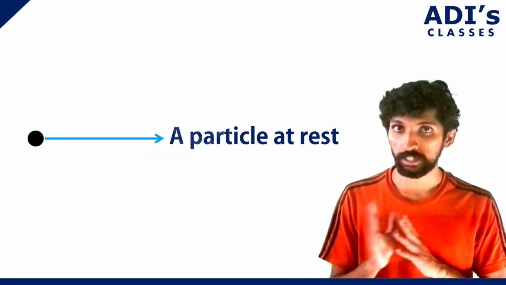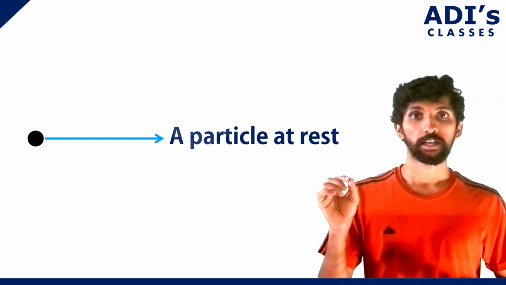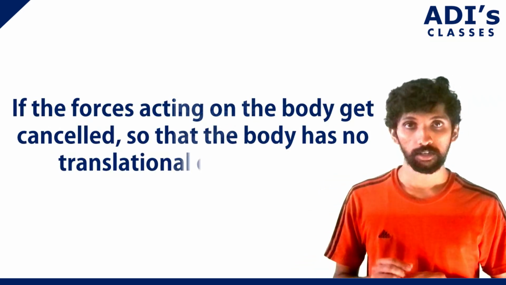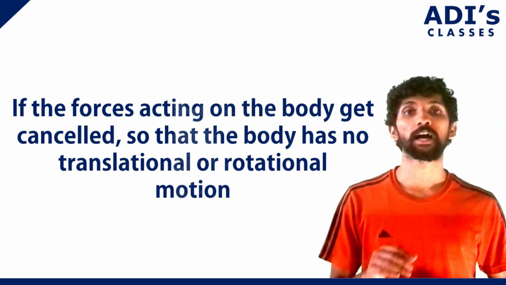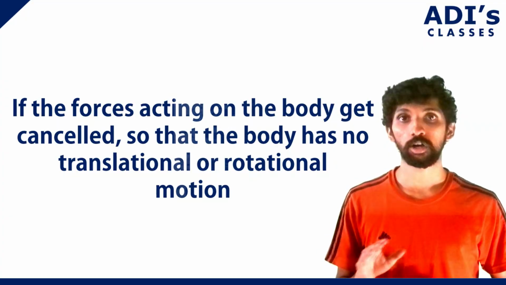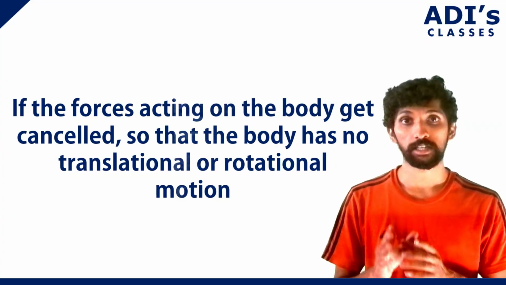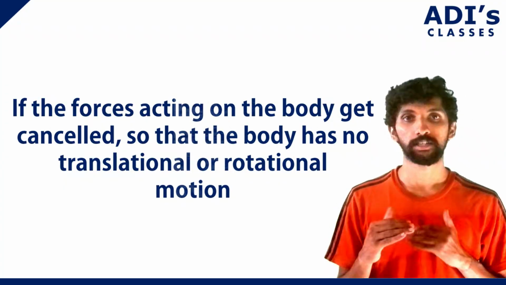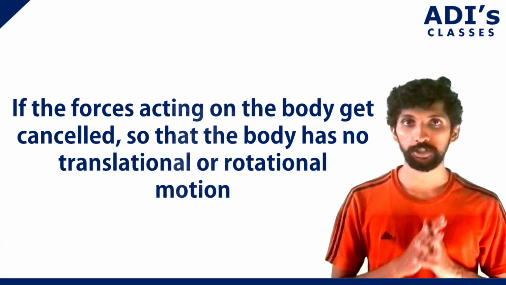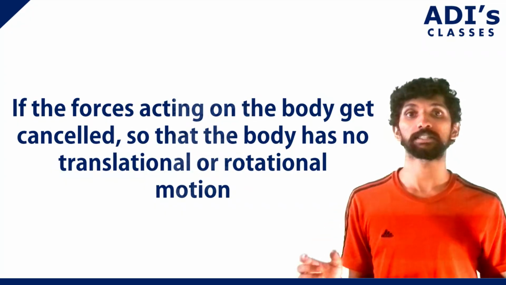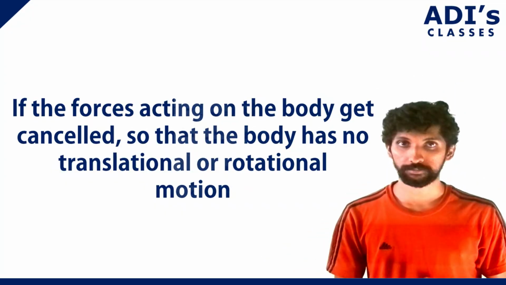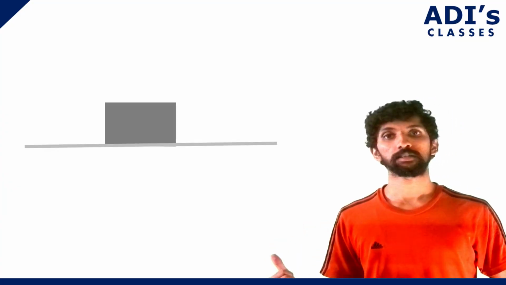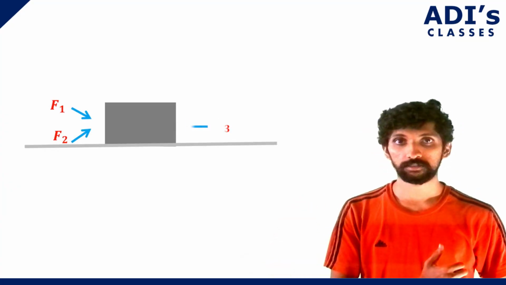The formal definition is: if the forces acting on the body get cancelled out so that the body has no translational motion or rotational motion, it is called the equilibrium state of the particle. Let me tell you the meaning of this definition. Suppose external forces act on the body, like in this example, you have F1, F2 and F3, correct?